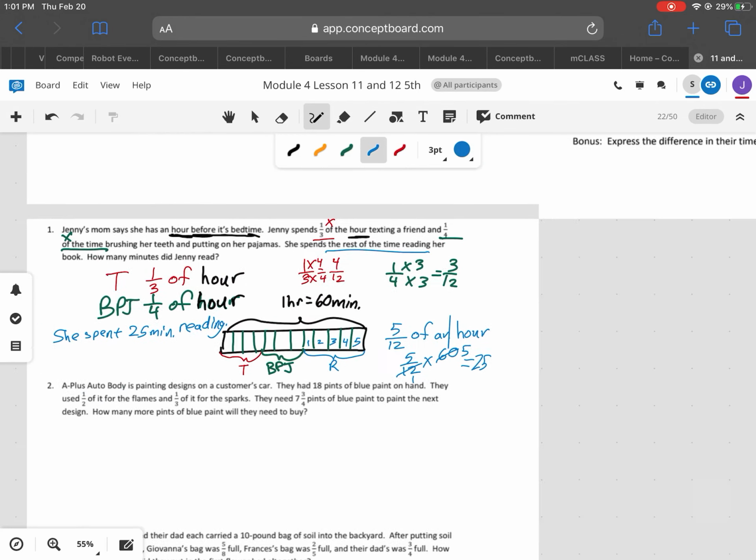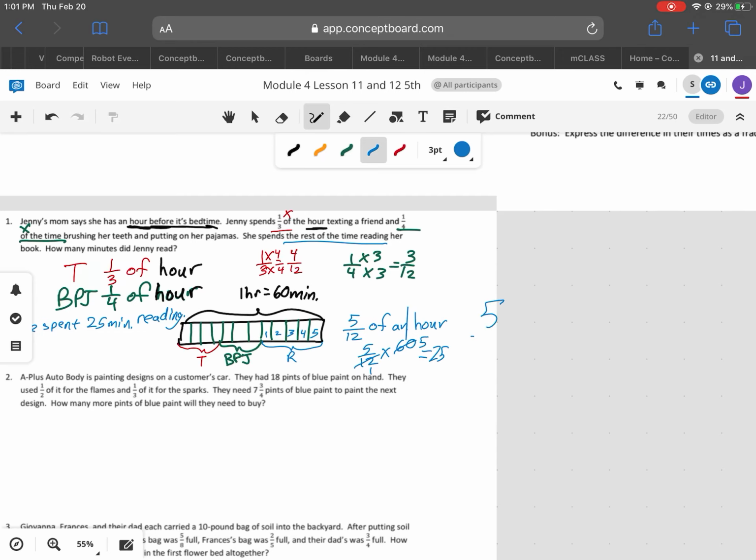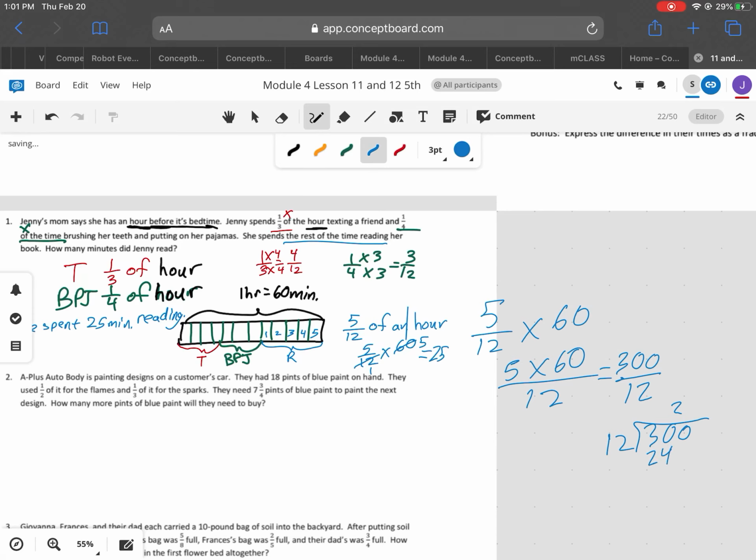All right, it looks like I'm running out of time here. I'll do that again so you can see it in slow motion. 5 12ths times 60 is the same as 5 times 60 over 12. 5 times 60 will give me 300 over 12. If I divide that, 300 divided by 12 goes twice, that's 24.